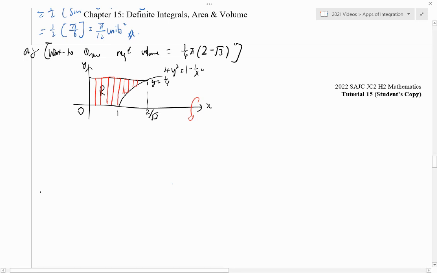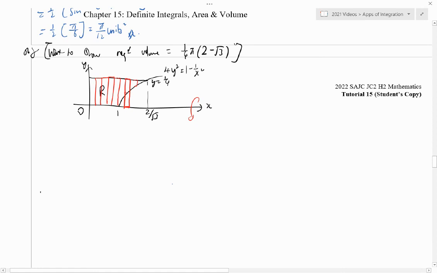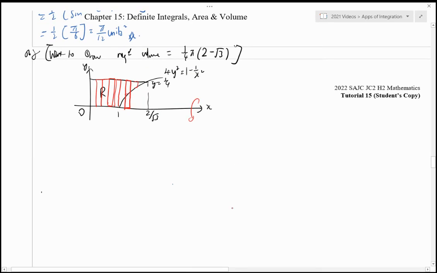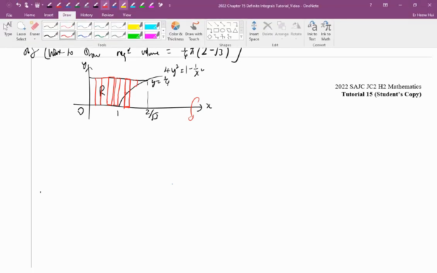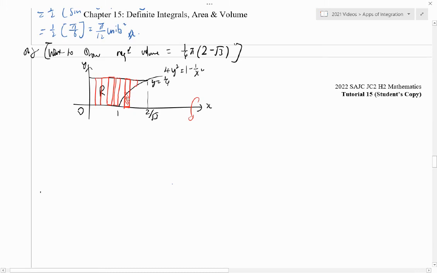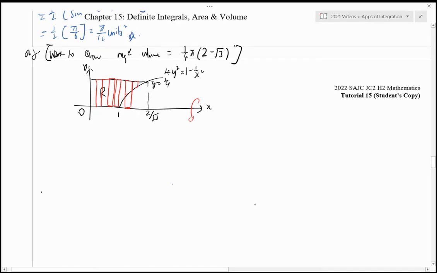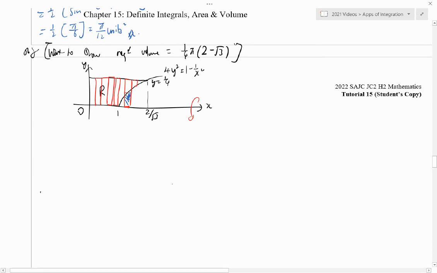If we forced the rectangles past x equals 1 to still hold on to the x-axis so that we can rotate the strip, notice that there are parts in this rectangle which no longer belong to R. I repeat, for this particular strip past x equals 1, there are portions of this strip that do not belong to R.